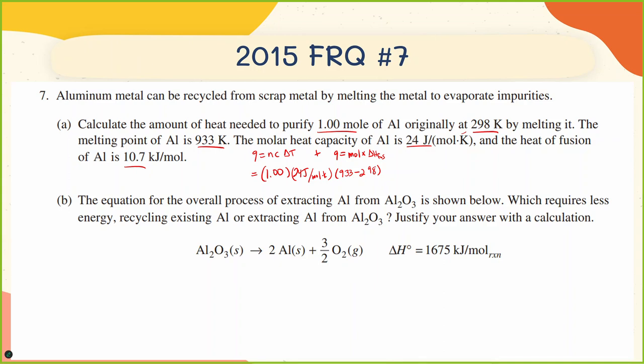And so this is 1524, but this is in joules, and this one's in kilojoules, so we have to convert one at the end. So I'm going to do the melting part over here. So we have our 1 mole times our heat of fusion, which is kilojoules per mole.